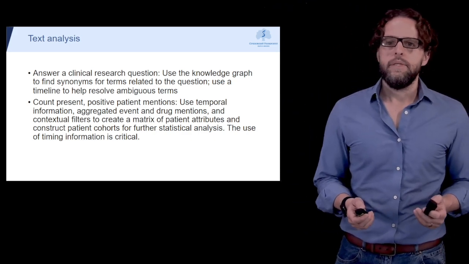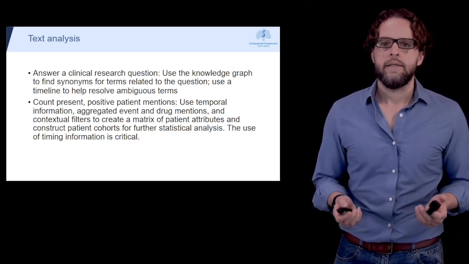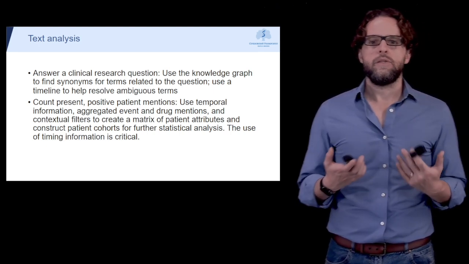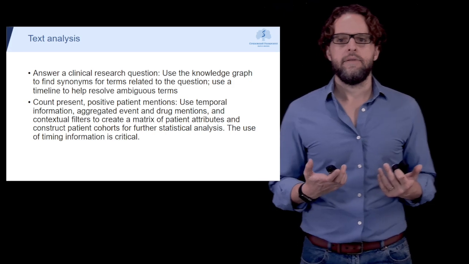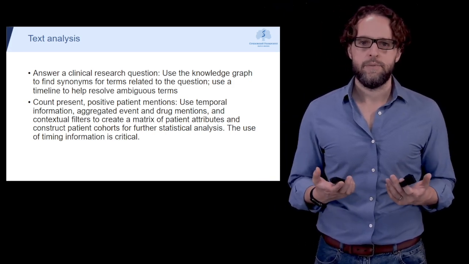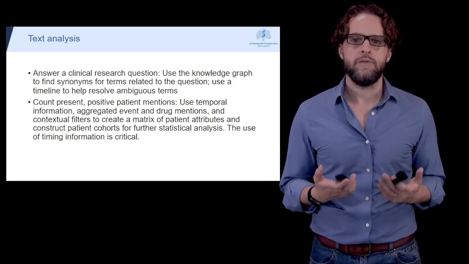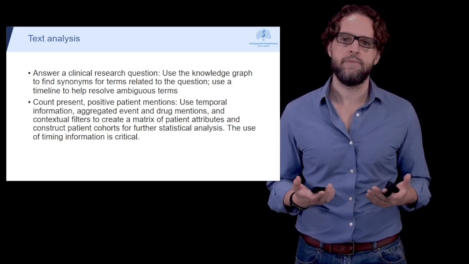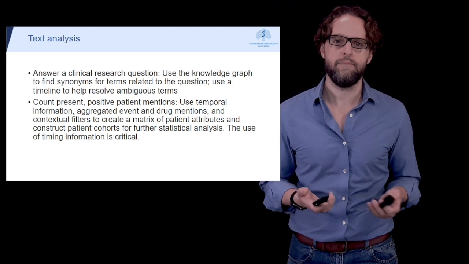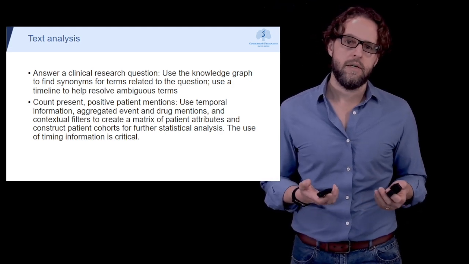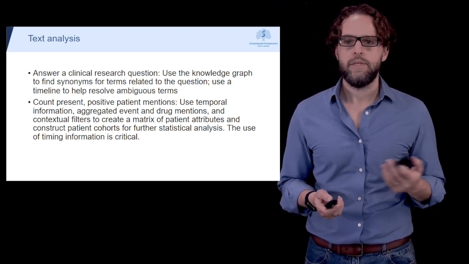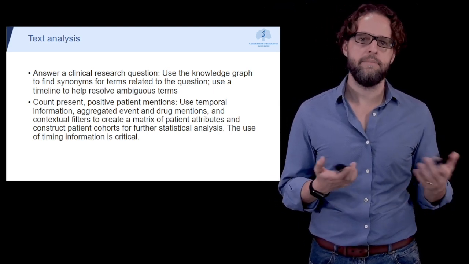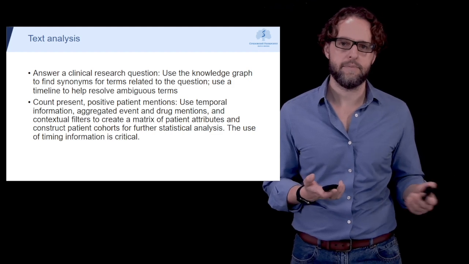The next step will be to answer a clinical research question. Using the knowledge graph to find synonyms for terms related to the question, and use of a timeline if it's necessary to help resolve ambiguous terms. Also, we are able to count these terms and their mentions in this text.